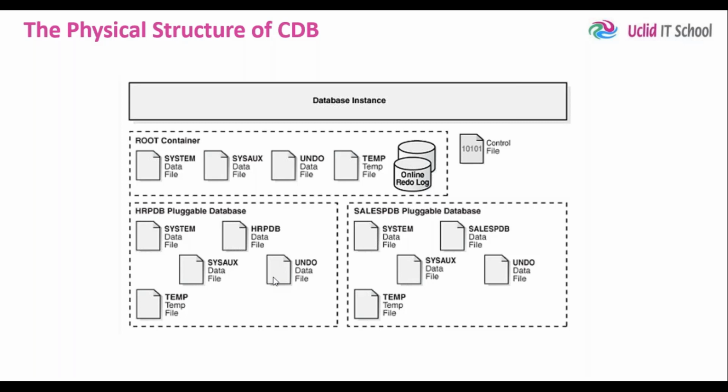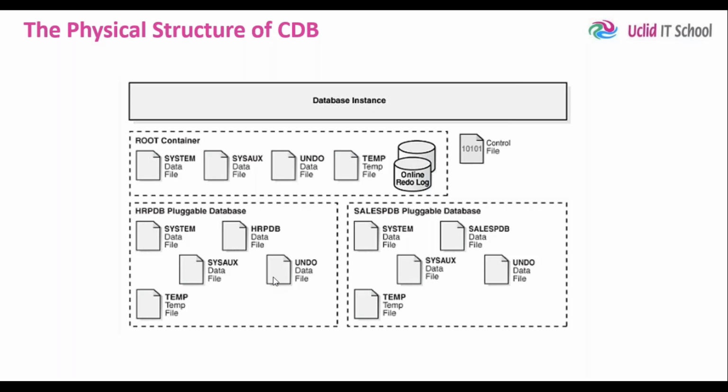A PDB administrator can perform a subset of DBA tasks. Not every task can be performed by a PDB administrator. A CDB administrator can perform all the tasks, but PDB-specific tasks can be performed by the PDB administrator.